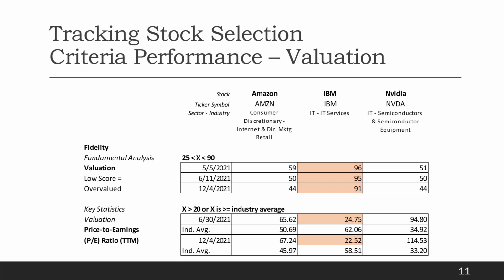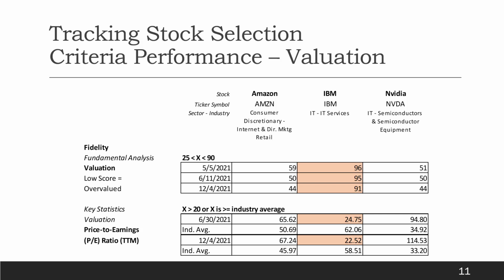Valuation. Amazon and NVIDIA have acceptable Fidelity valuation scores, falling between values of 25 and 90. Falling outside of that range is IBM with a score of 96, 95, and 91.